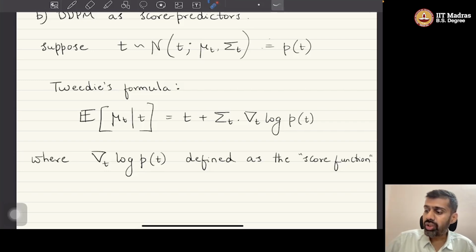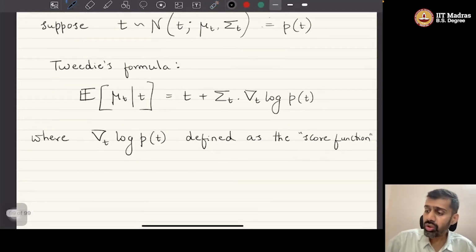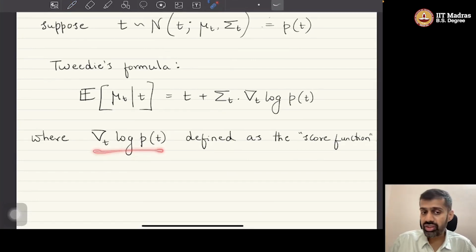So that is the definition of the score function. Now why is this of importance to us? Intuitively, what is the score function telling you? The score function tells us the direction in which the log likelihood is peaking. Suppose you want to find a model that would maximize the log likelihood. Then one should traverse in the direction where the score function points, because the score function is telling us the rate of change of the log likelihood of the density function with respect to the random variable.